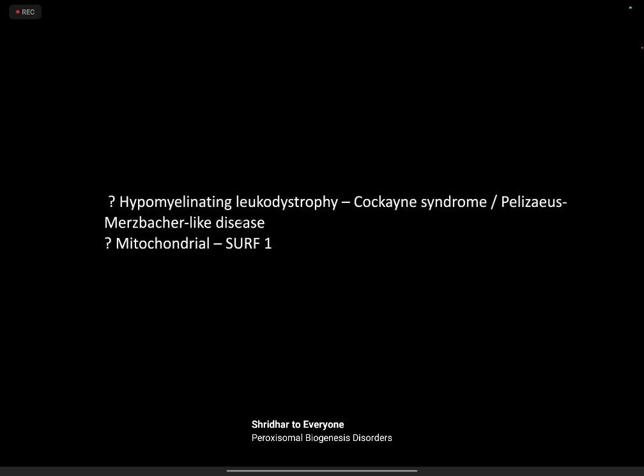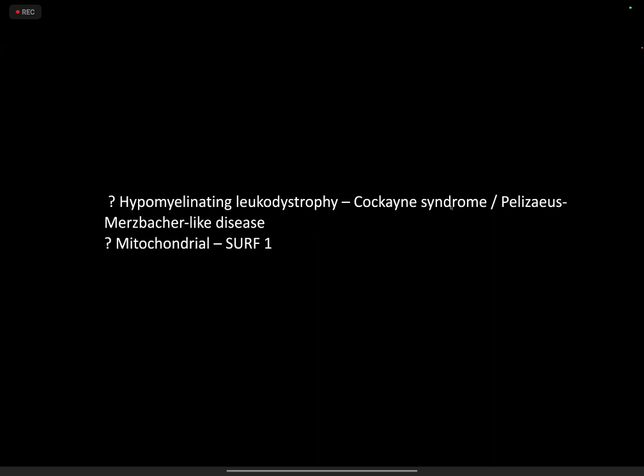Yeah. And then I think the question, Krishnapriya, was whether it is hypomyelinating leukodystrophy, Cockayne syndrome, Pelizaeus-Merzbacher disease, or a mitochondrial SERPON mutation? I can possibly say that it is none of these, especially if you take imaging into consideration. It is predominantly a dysmyelinating or demyelinating leukodystrophy with cystic changes, dorsal striatal atrophic changes, and brainstem hyperintense changes.